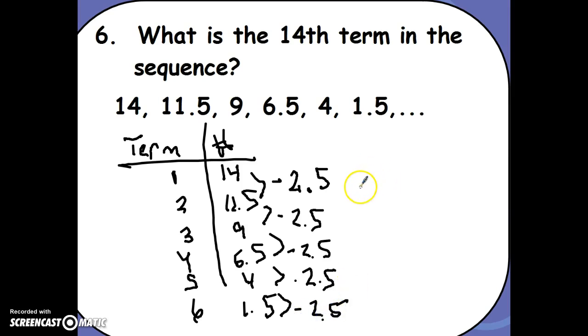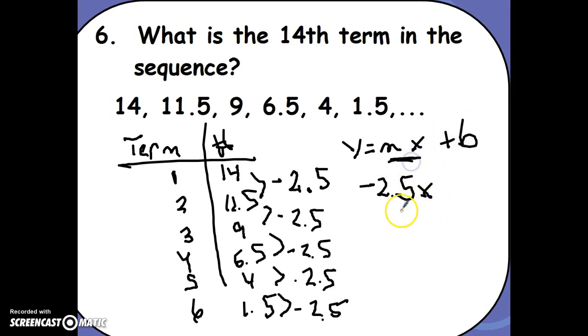And so that means we have a negative 2.5x. This is in our equation y equals mx plus b. That's our slope right there. Okay? So that is the beginning of our equation to find the 14th term. Now we have to know what the y-intercept is. The y-intercept is where your x is 0.